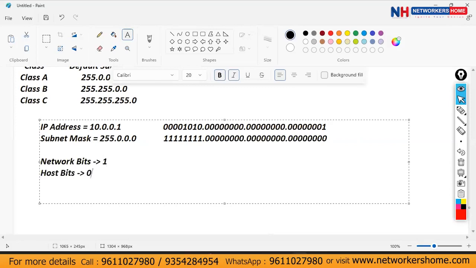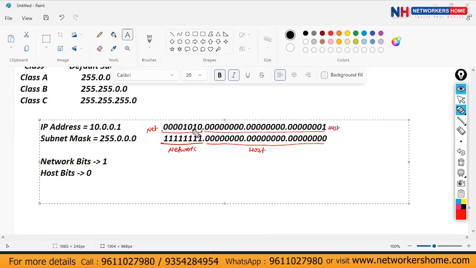Looking at this, you can say these bits are the network and these bits are the host. If you compare this with the IP address, this part of your IP address belongs to the network and the remaining part belongs to the host.